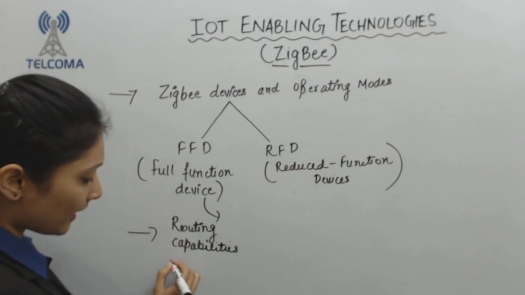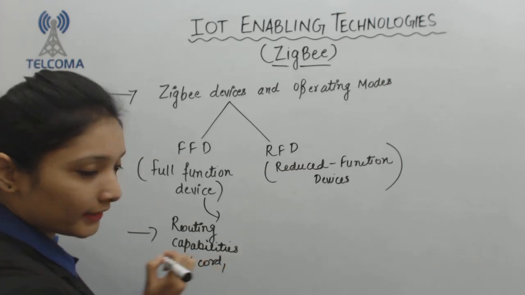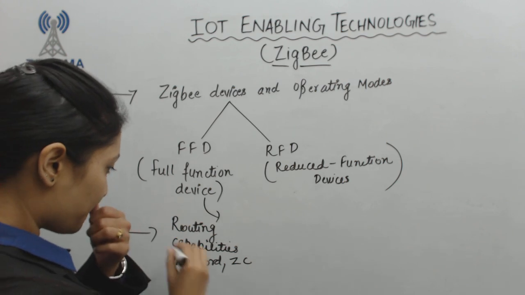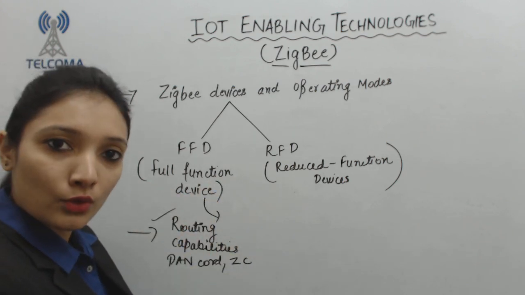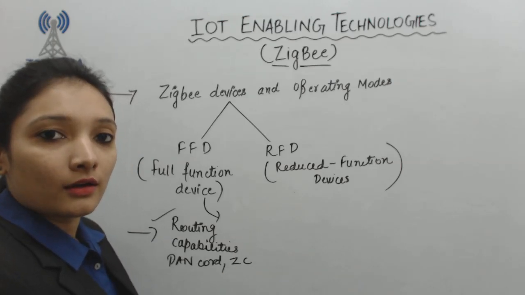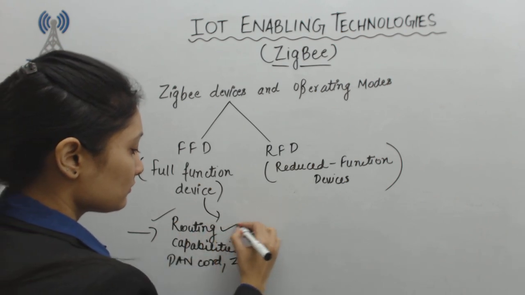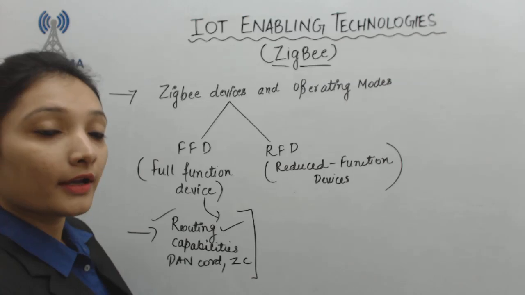That means it has either a personal area network coordinator, or we can say the Zigbee coordinator here. So that means this device here acts as a node also, which is communicating with the physical world and acting as a router also, coordinating the Zigbee network here.